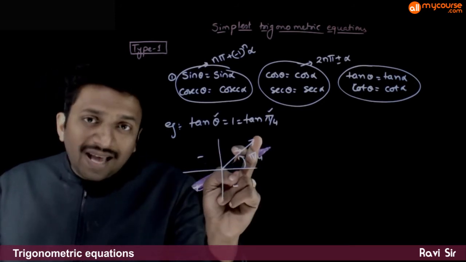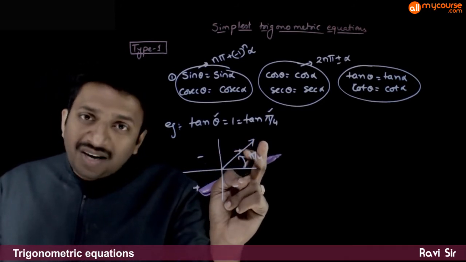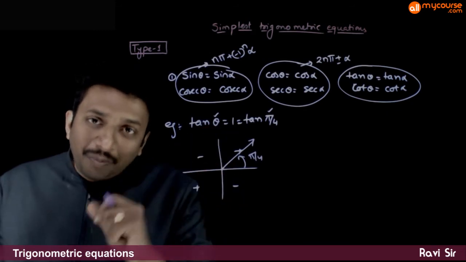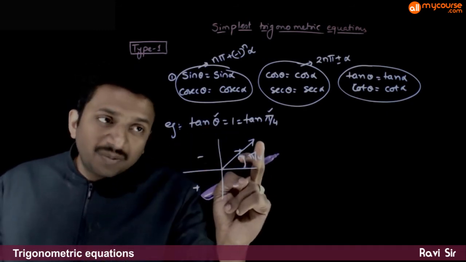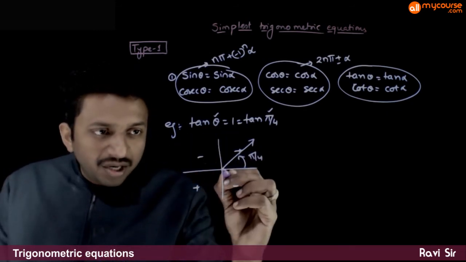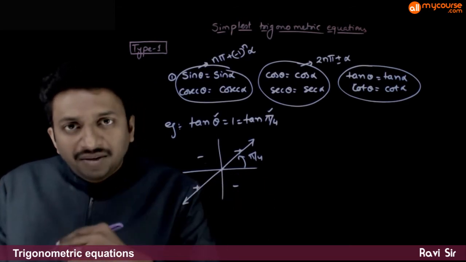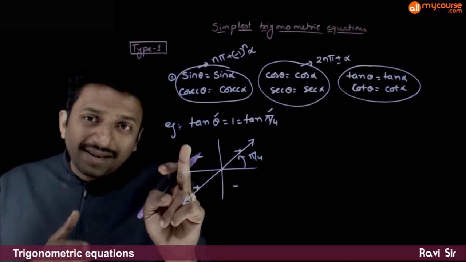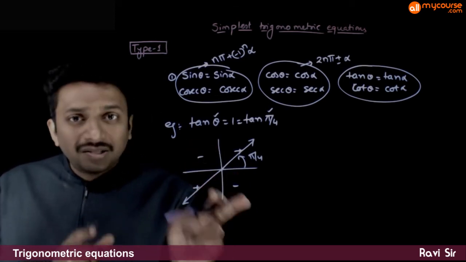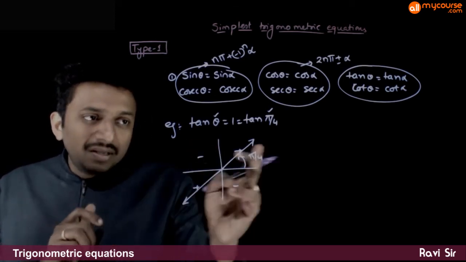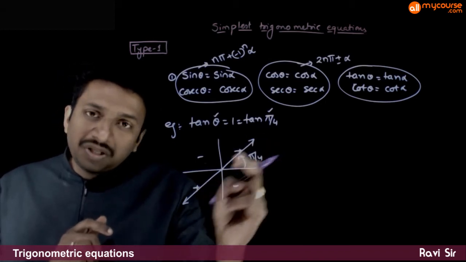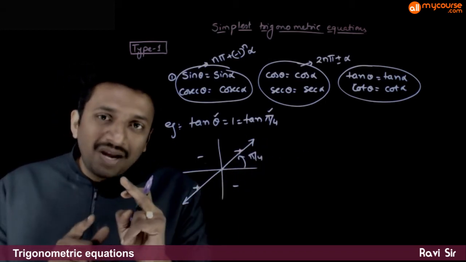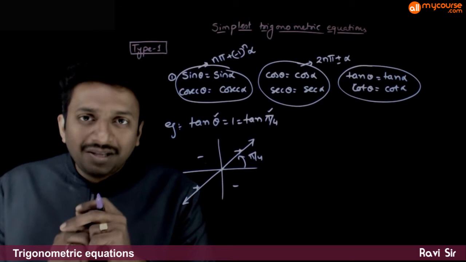Now what are the allied positions of this ray which make tan theta equal to plus 1? Because tan is positive in the first and third quadrants, you need to go to this allied position. If you go to the other allied position, you get tan theta is equal to minus 1, and in the fourth quadrant also tan theta is equal to minus 1. So these are the two positions of the rays which maintain tan theta is equal to plus 1.